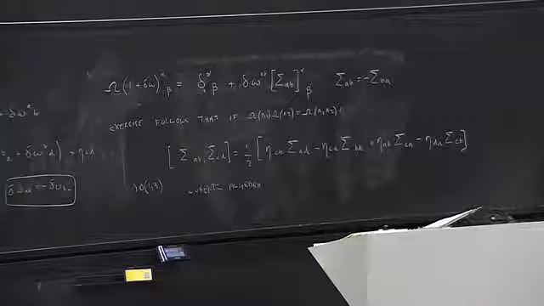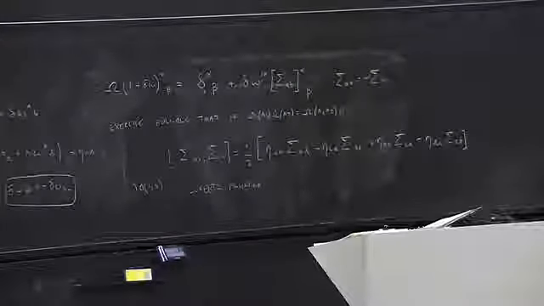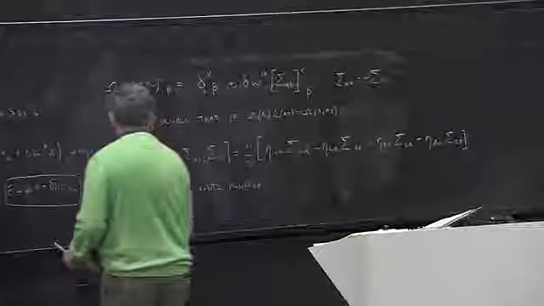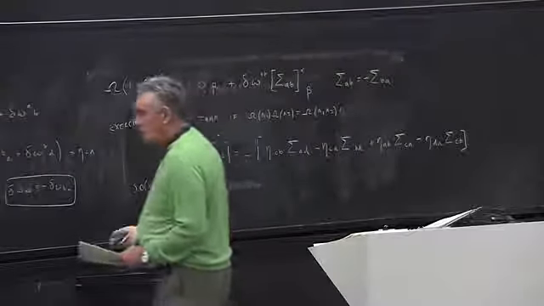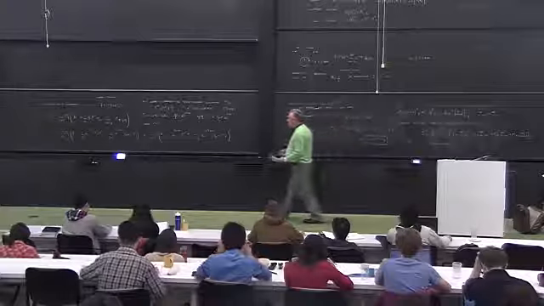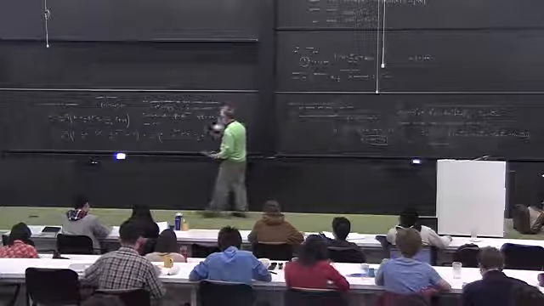Those etas are the structure constants of that SO(1,3) algebra. So each matrix that satisfies this algebra is a representation, and we can look at some specific examples.